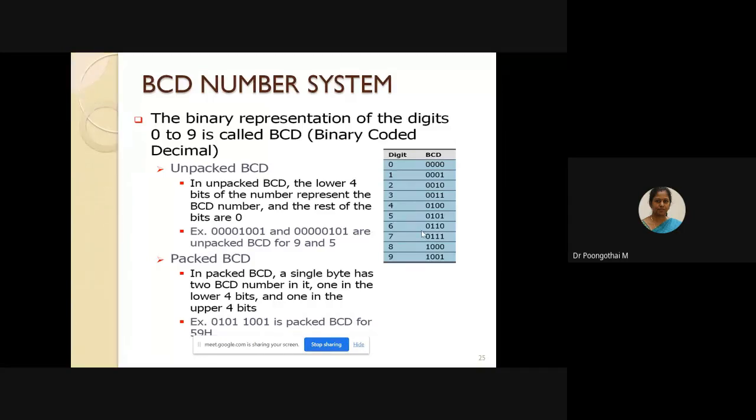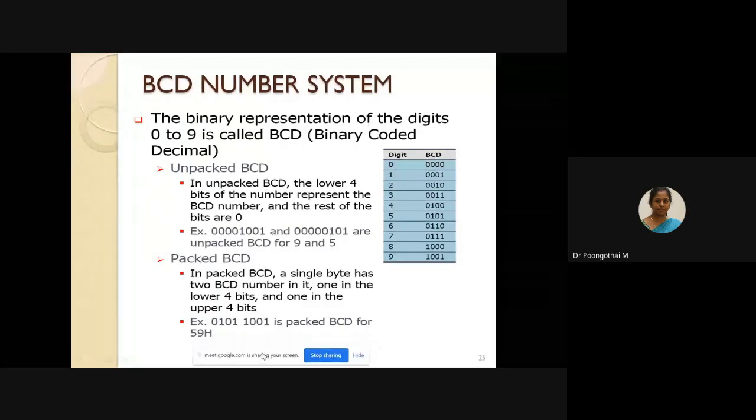Here we have two types of BCD, unpacked BCD and packed BCD. In unpacked BCD, the lower 4 bits of the number represent the BCD digit, and the rest of the bits are 0. For example, 5 can be represented as 0000 0101.